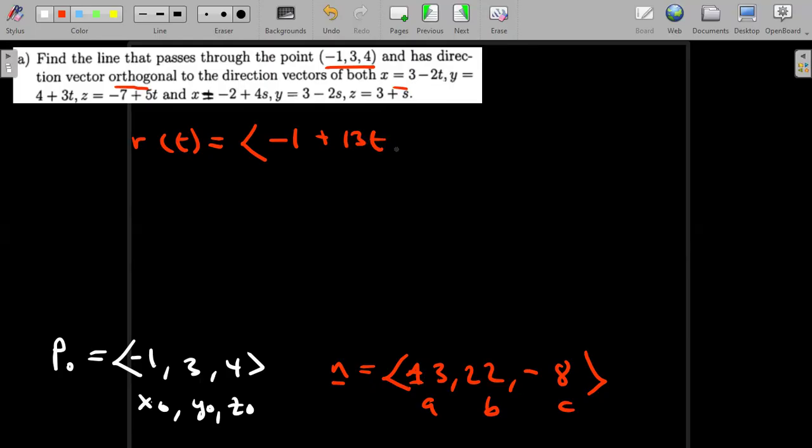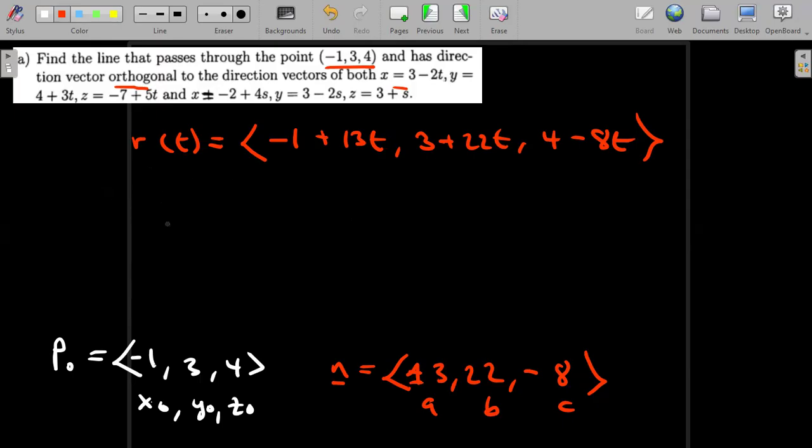Then I get the other, y, then my b there is 22, multiplied by t. Then I have the other one, 4 minus 8 multiplied by t. So this here is the vector equation which I've written down.